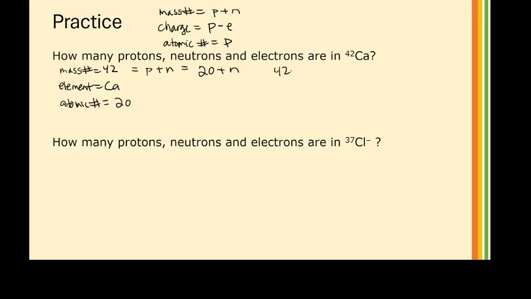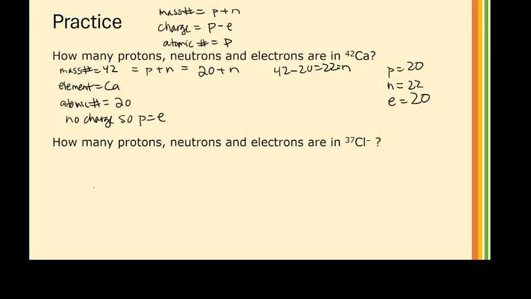So 42 minus 20 equals 22. So that's going to be equal to what my neutrons are. And then there is no charge. Should have written that down. So protons must equal the number of electrons.